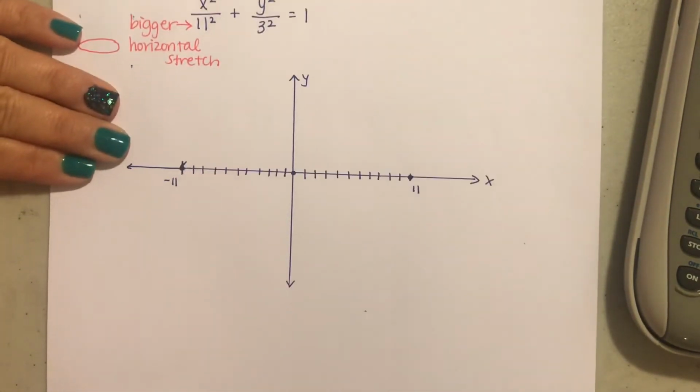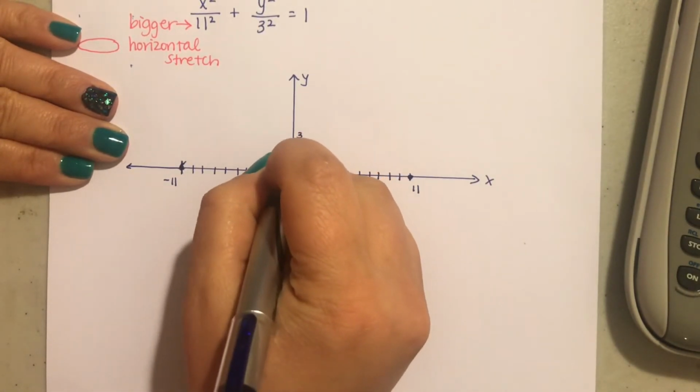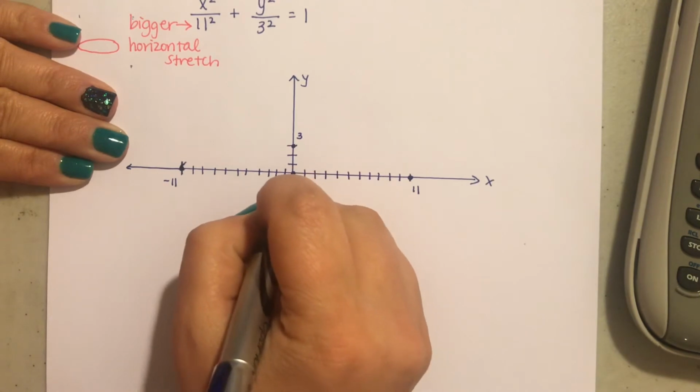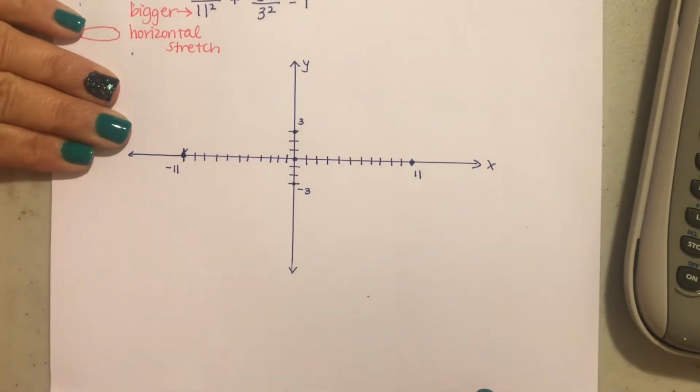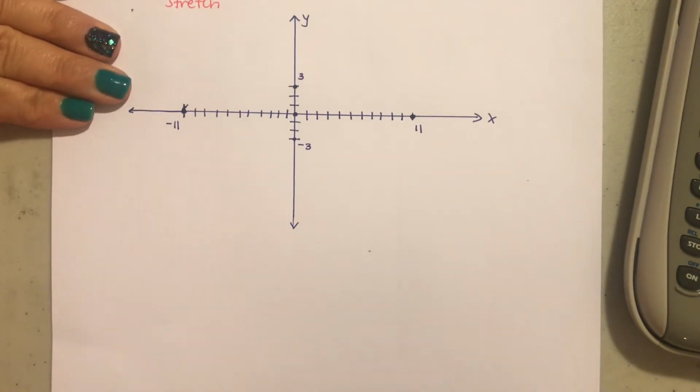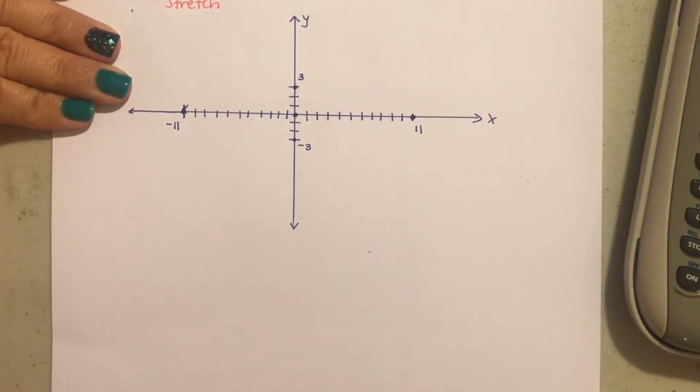So from here, we're going to go 1, 2, 3, put a point there, 1, 2, 3, and a point there. Our book didn't necessarily name these other two points, but we've seen in the notes, and you'll see in some other videos, sometimes we call them co-vertices, or singular, a co-vertex. It doesn't hurt to know what they are and to be able to label them.